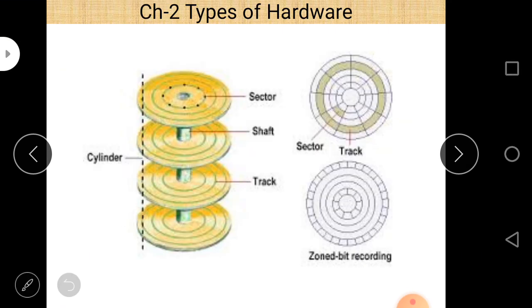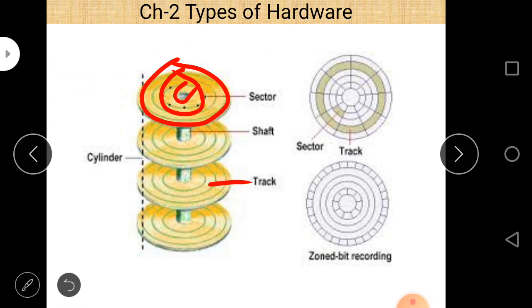There are concentric circles here, and you can easily see that these circles are called tracks. Here it is written as track.